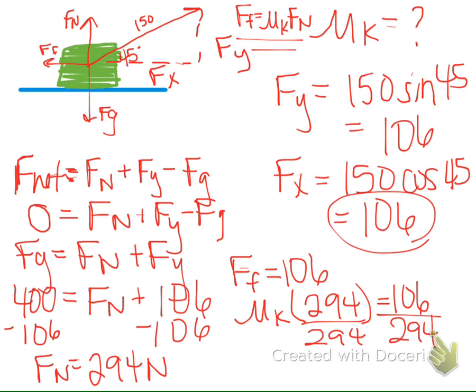Okay. 361. So mu k equals 0.36. We'll just round to there. 0.36. How many adjustment places do you want to do on the quiz? Typically about 2. Yeah.